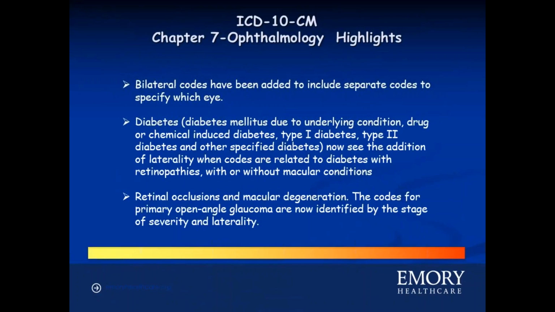We already talked about diabetes and how it has changed to include underlying conditions of drug or chemical induced diabetes, type 1, type 2, and now you see the addition of laterality when codes are related to diabetes with retinopathies, with or without macular conditions. Retinal occlusions and macular degeneration. These codes of primary open-angle glaucoma are now identified by the stage of severity and laterality.